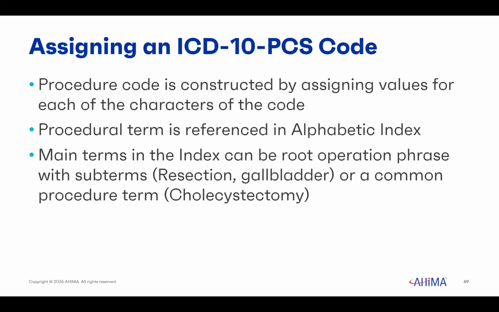Now we get to figure out how to assign an ICD-10 PCS code. Basically, we do it by assigning the values for each of the 7 characters. The main term in the index may be a root operation phrase, like resection, comma, gallbladder, or a common procedure, like a cholecystectomy.